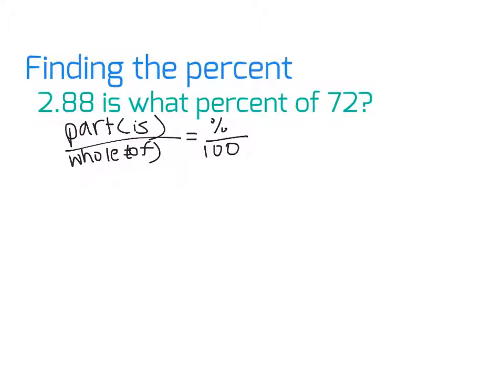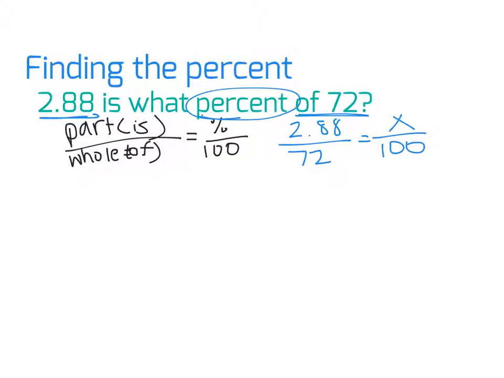So when I go ahead and fill in these numbers, I know my part is equal to 2 and 88 hundredths. The whole is 72. And since I don't know the percent, that's where my variable is going to be, over 100.